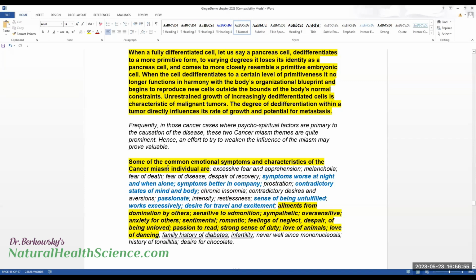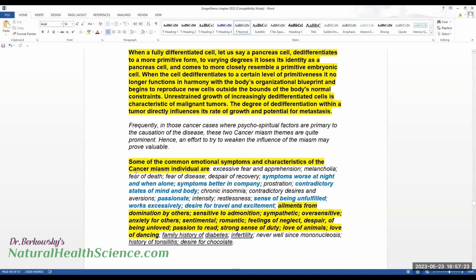You can have more than one miasm as to who you are. You can be a Cancer miasm plus typhoid miasm, or Cancer miasm plus psoric miasm. Generally, there'll be about two that are ones you really want to look at. There's going to be about two, maybe three, but two is where I'm focused. So I'll say, okay, Cancer miasm, and she's also typhoid miasm.